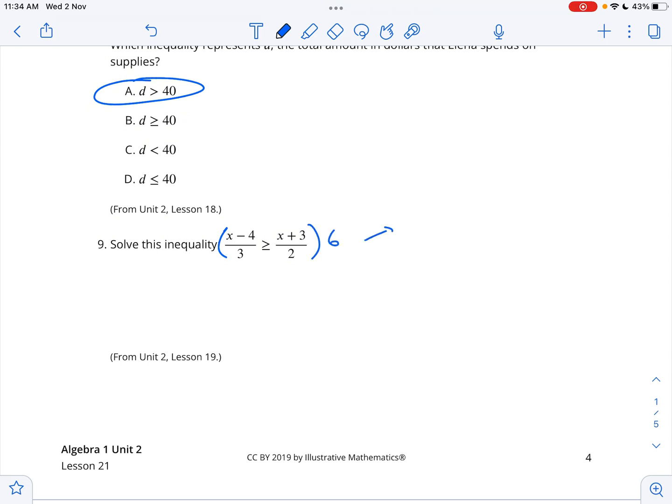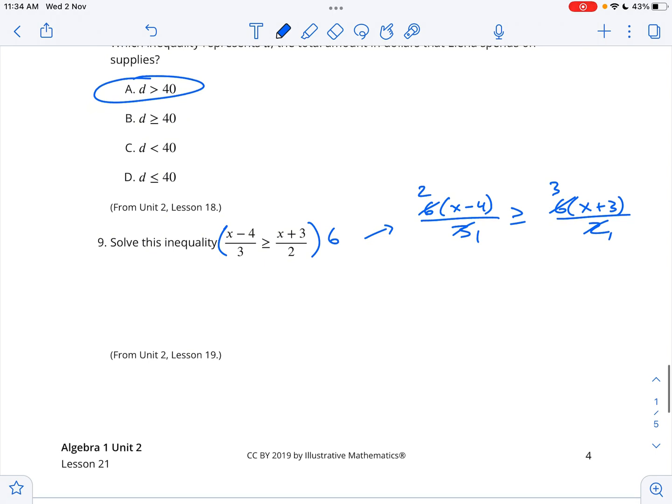I'm going to write out all the steps, although you might skip this. On the left side, it would be 6 times x minus 4 over 3 is greater than or equal to 6 times x plus 3 over 2. But you see here, on the left side, 6 over 3 could be simplified to 2 over 1. And on the right side, 6 over 2 could be simplified to 3 over 1. And that gets rid of our fractions.